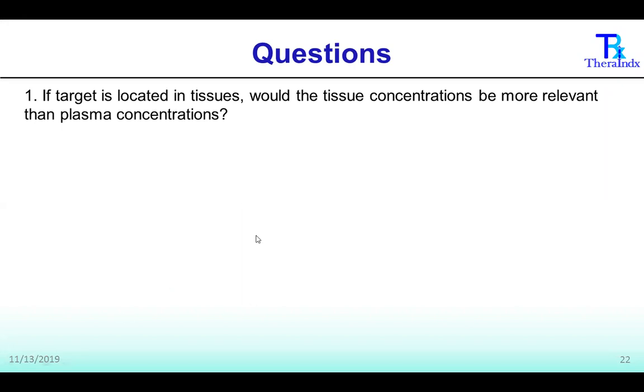However, there is a caveat in determining tissue concentrations. In most cases, when tissues are homogenized, the concentration established in this homogenate is really not a concentration. It's a mixture of the compound's concentrations inside the cell, compound bound to cell membranes, compound found in interstitial fluid, and compound concentrations in blood.